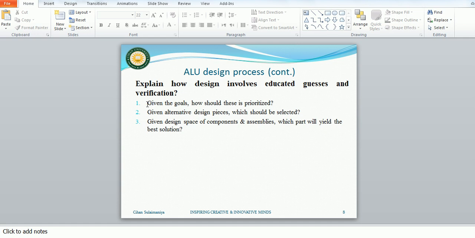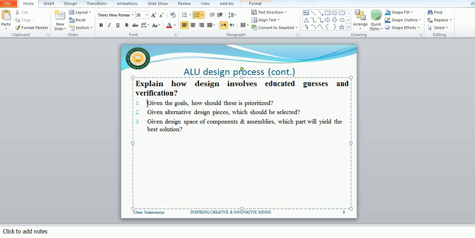First of all, you have to give goals: what you are going to do with this design, and what is the benefit of this design. So how should this be prioritized? Which one is going to come first, what you have to do first.